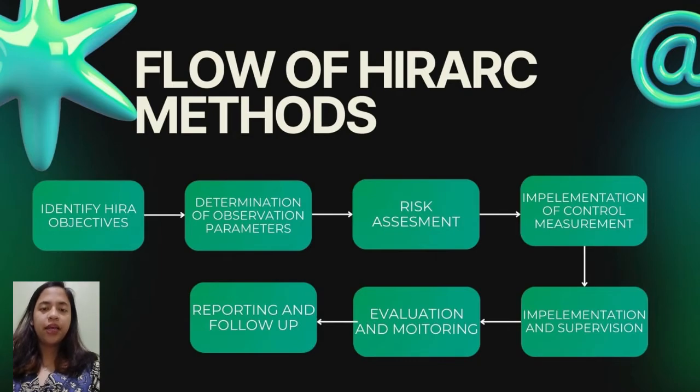Hello everyone, my name is Tamaria Sidabutar and now I want to explain about the flow of hierarchy methods. The flow begins with start, and then identify HIRA objective, determination of observation parameter, risk assessment, implementation of control measurement, implementation and supervision, evaluation and monitoring, and the last is reporting and follow-up.